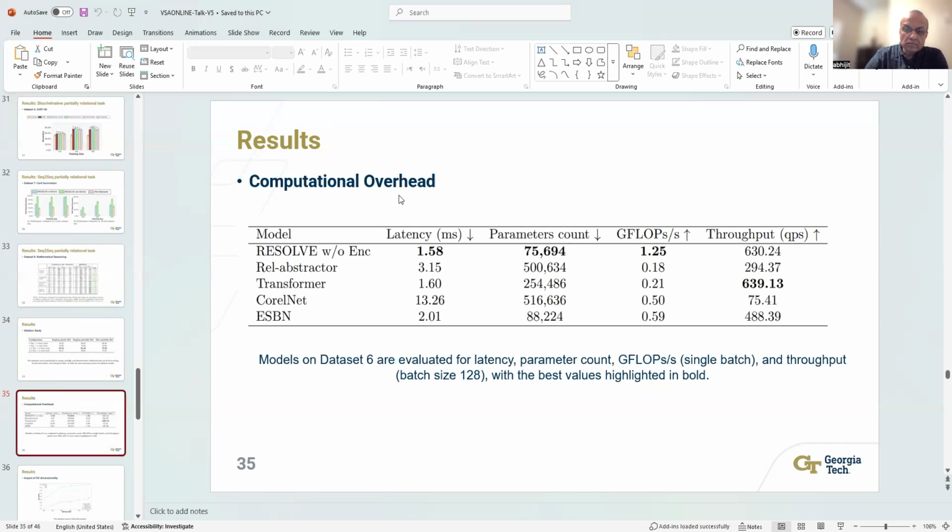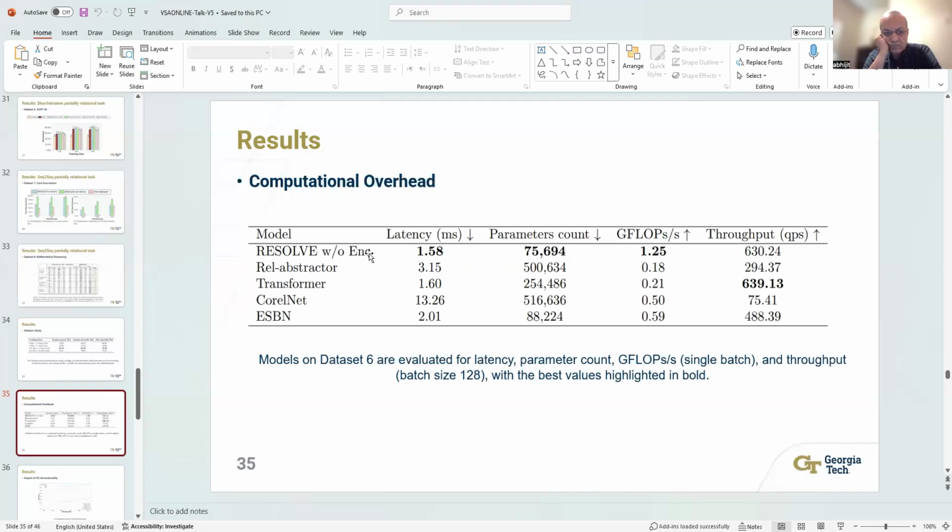So here we presented the computational overhead of the resolve without the attention-based encoder compared to the baseline. And this is assessed on an NVIDIA GPU. So here we have the latency, the parameter count, the number of operations per second, and the throughput.